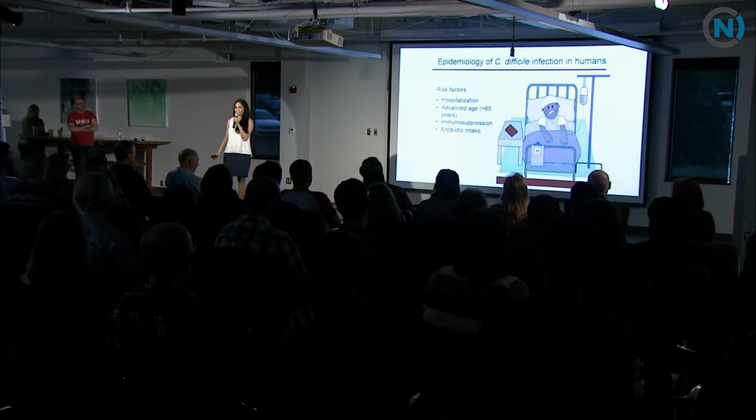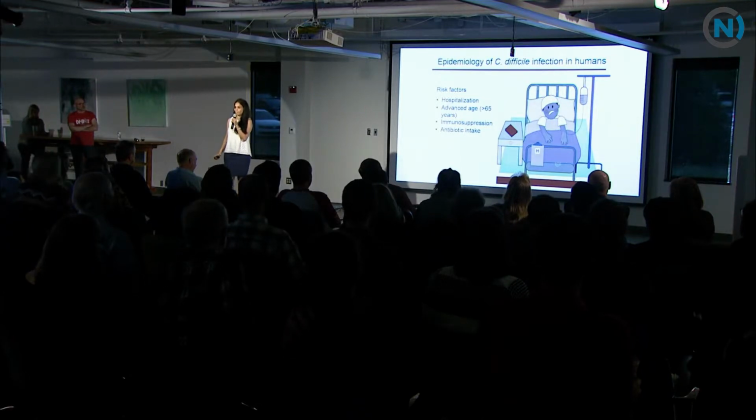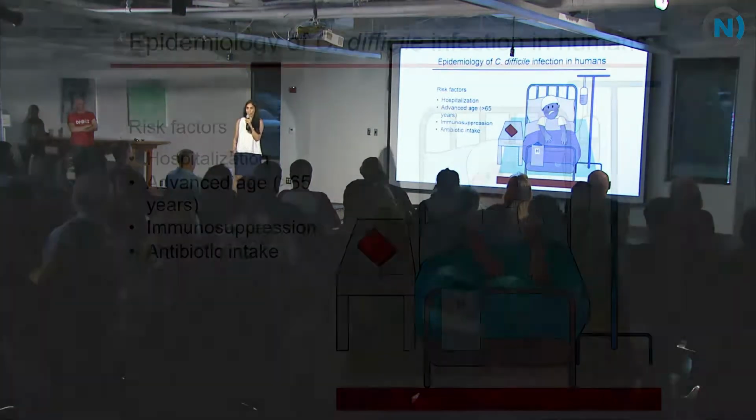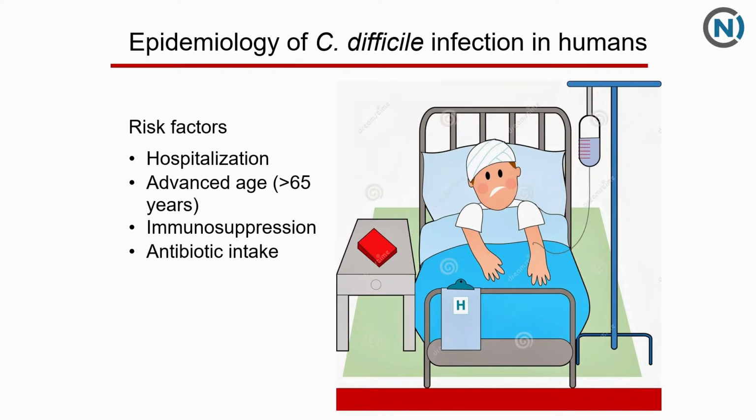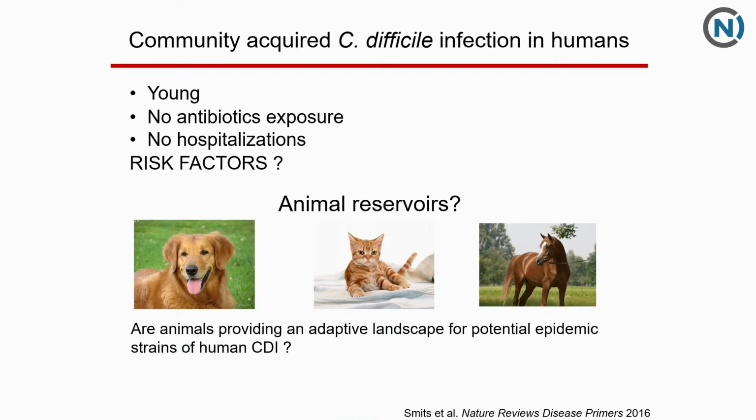And historically, C. diff is a hospital-acquired infection, and the number one risk factor for CDI is antibiotic intake. But over the past decade, there has been a change in the epidemiology of C. diff infection, and it's now increasingly seen outside the hospital settings within the community, and this is called community-acquired C. diff infection.